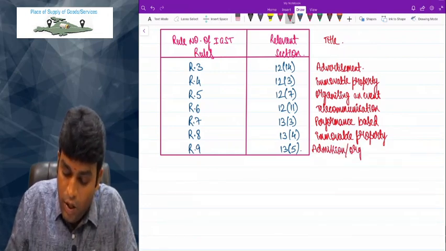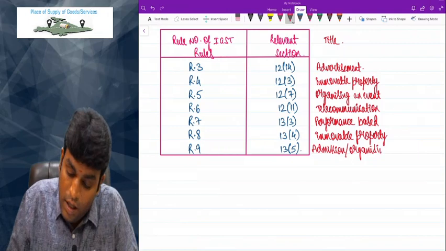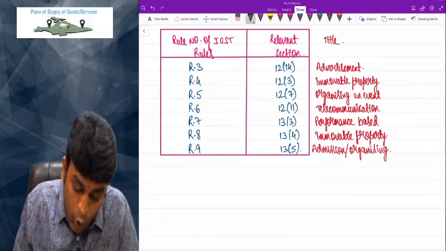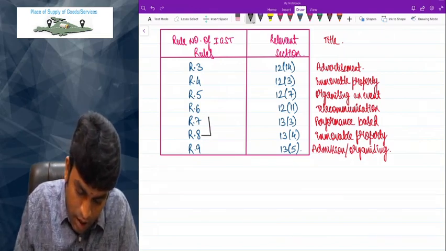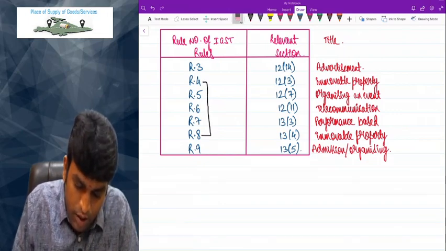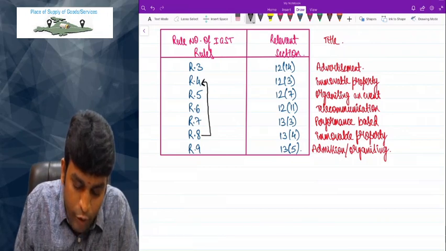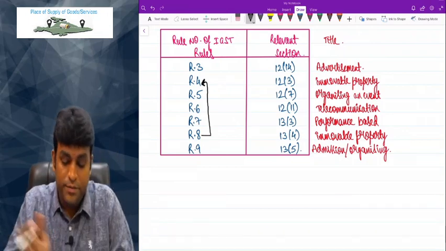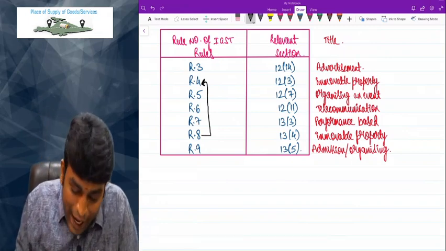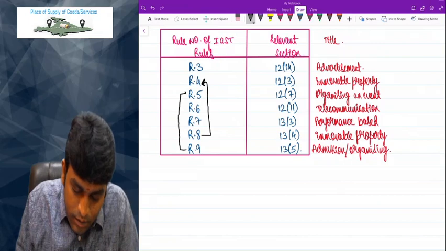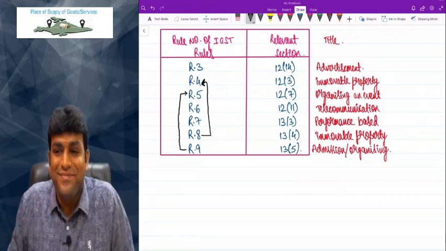Admission or organizing. And just to highlight further, what extra thing I'll do for you is Rule 8 is same as Rule 4, correct, right? And Rule 9 is same as Rule 5. That's it.